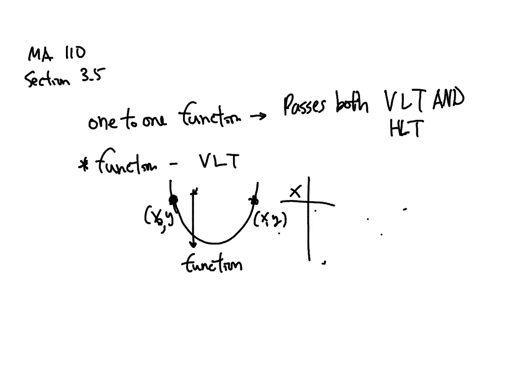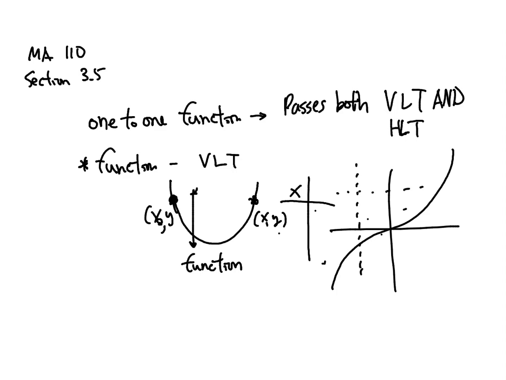For example, this graph right here is a one-to-one function because it passes the vertical line test. It also passes the horizontal line test. So that's the easiest way to think about it: graphically it passes both tests, and algebraically it means you cannot have the same x value or the same y value being used for a function.